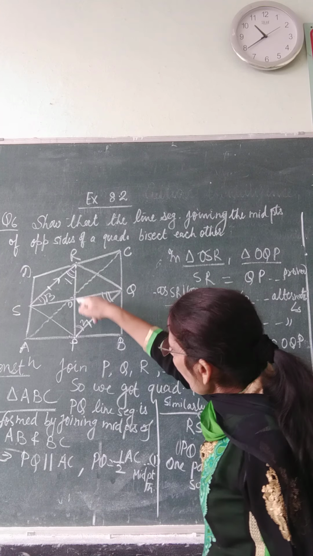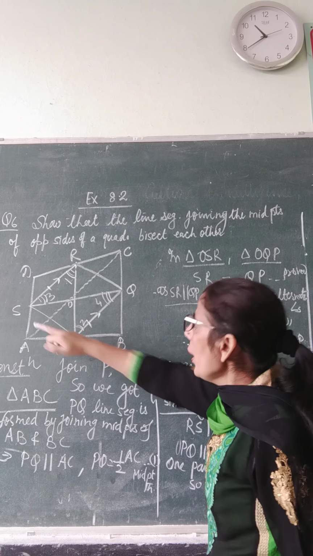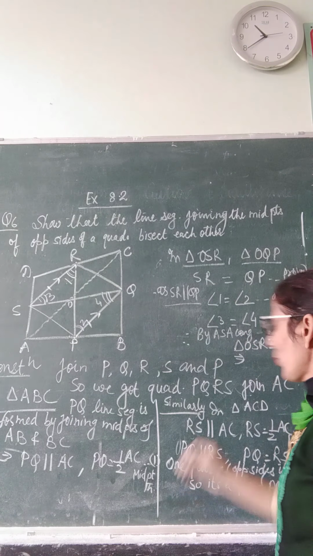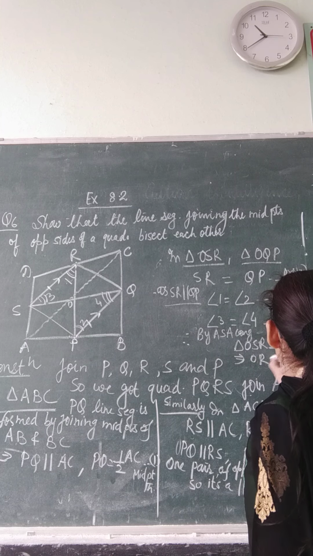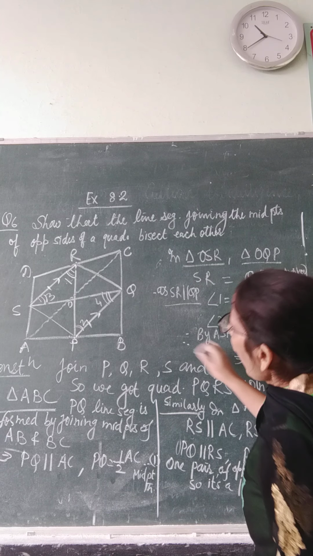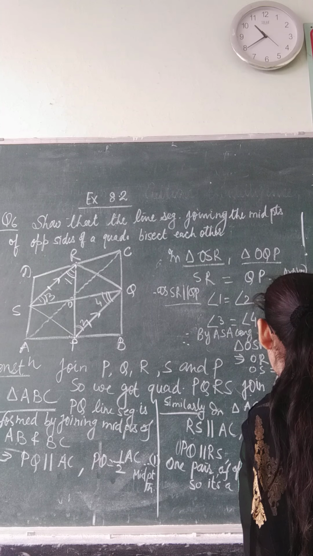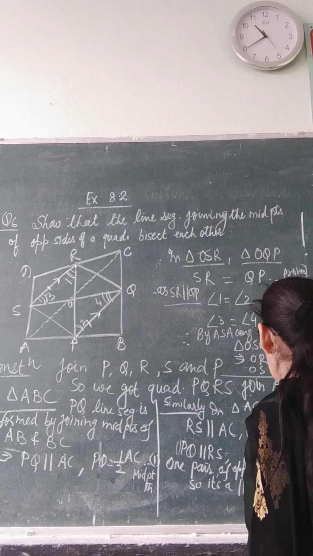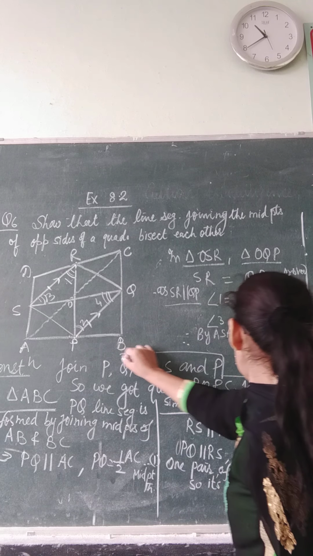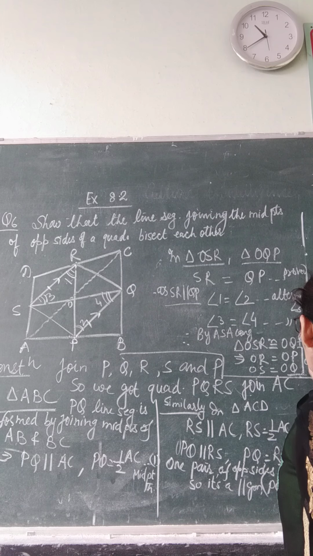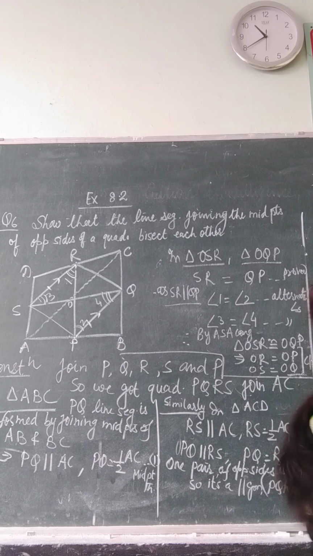It infers OR is equal to OP and OS is equal to OQ by CPCT. And this is the thing which we have to prove. So that's it. I hope you have understood.